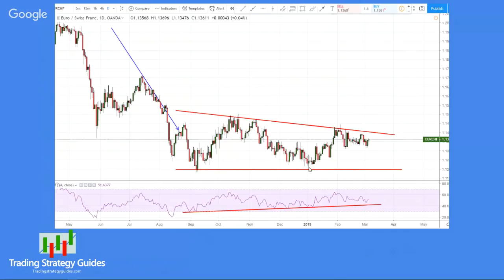If you look back on the charts, you'll find that when you have a descending triangle like this or an ascending triangle, the support or resistance level is probably historically a very strong level that's held price a lot in the past.